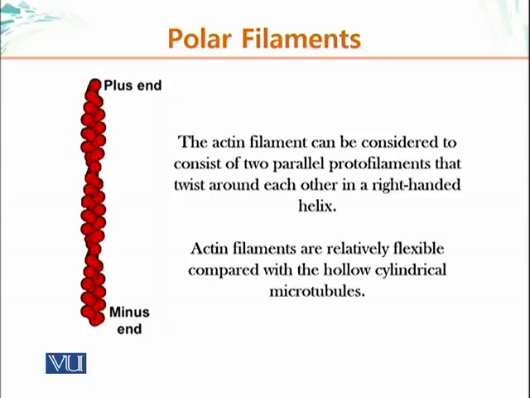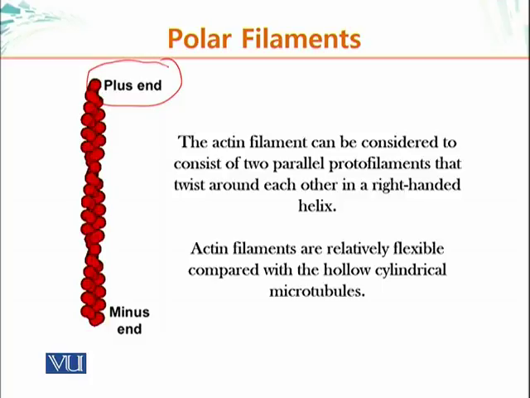Actin filaments are relatively flexible as compared to hollow cylindrical microtubules. I would like to point out, in case you are looking at literature and you find different terminology, that for historical reasons, the plus end of actin filaments is also referred to as the barbed end. So you may come across literature in which they're talking about the barbed end of actin filaments.